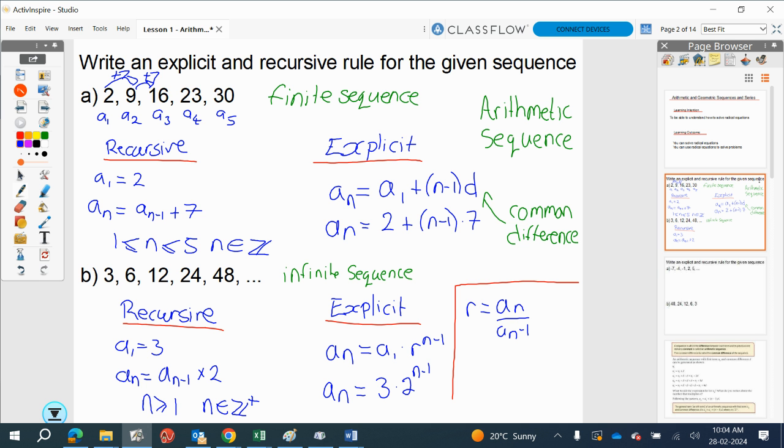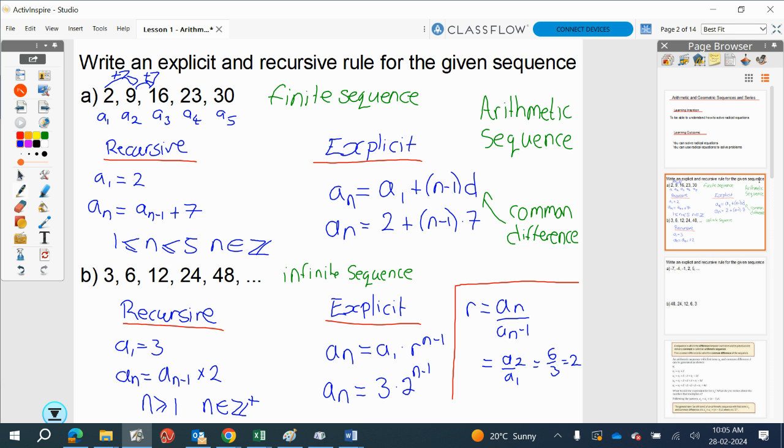So for instance, you can take A2 and divide it by A1, and you'll get the common ratio. 6 divided by 3 equals 2. You'll find this formula useful with harder ones. For instance, this one's easy. You can see the times by 2. But let's say the common ratio is 5/7. You're not going to see that so easily. So if you take one term and divide it by the previous term, you'll see the common ratio.